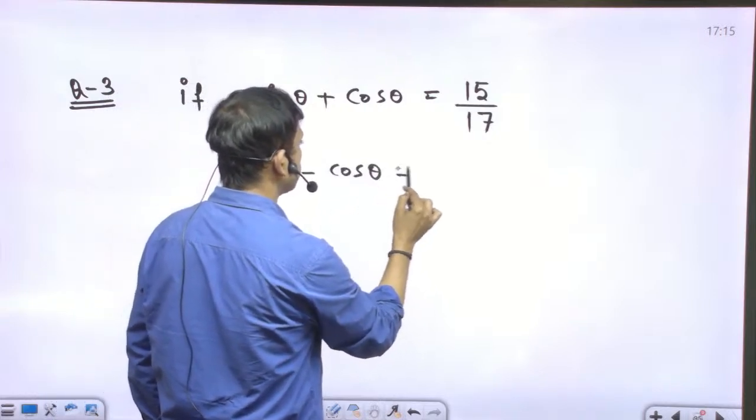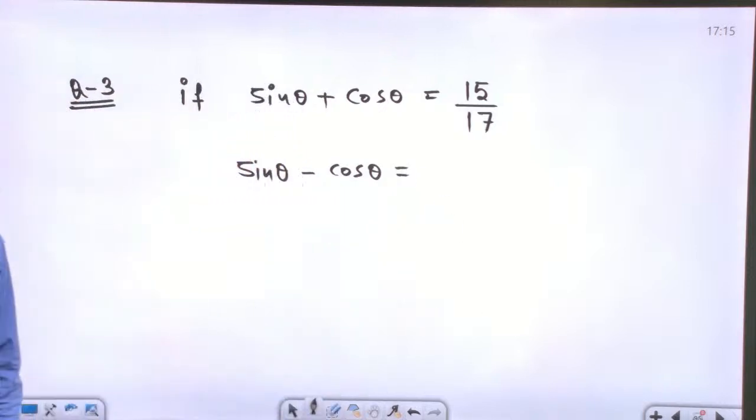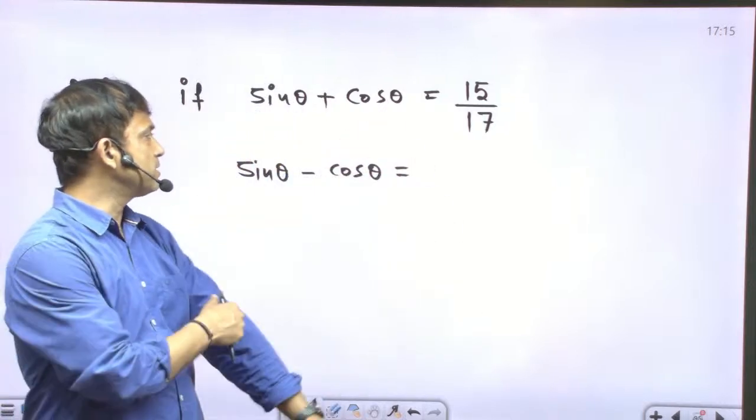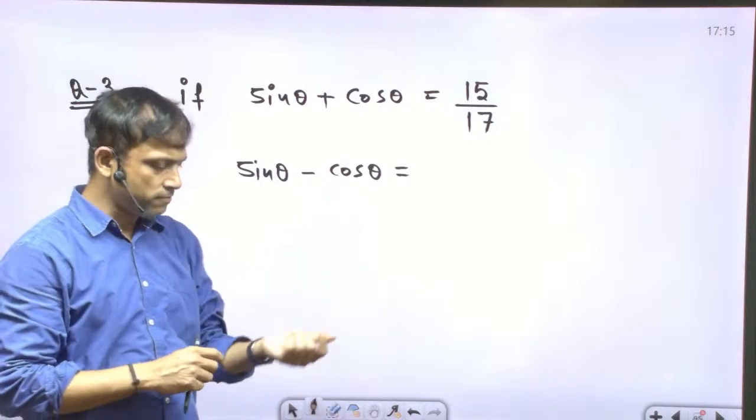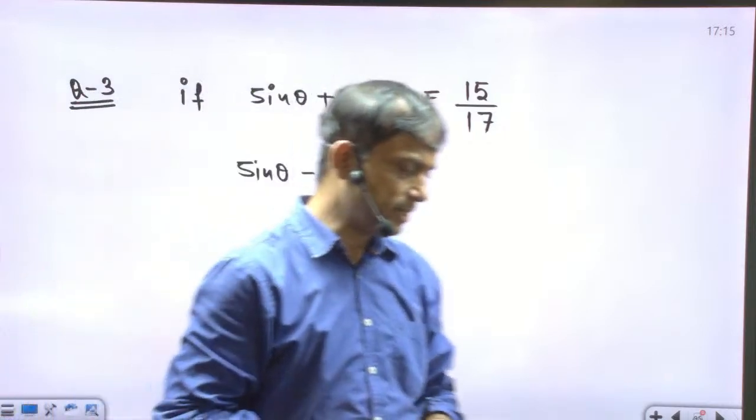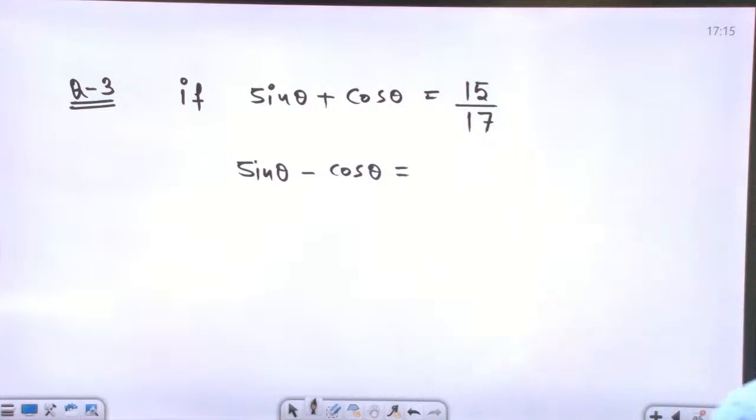Sin theta plus cos theta is 15 by 17. Then what will be the value of sin theta minus cos theta? Now solve this question.